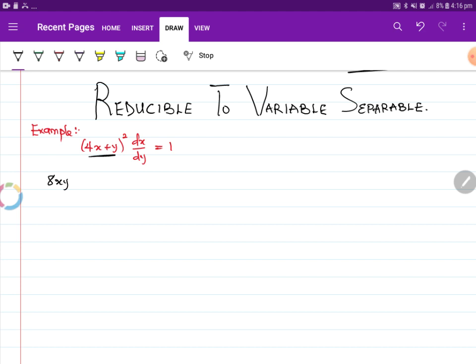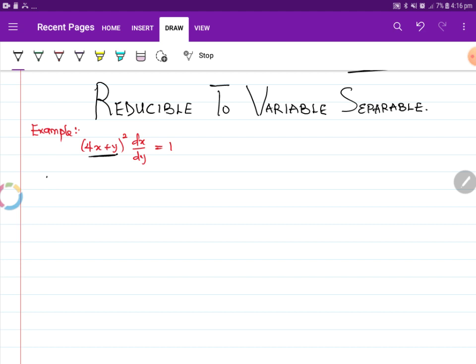When you expand the bracket using binomial expansion, you have 16x squared plus 8xy plus y squared. But because of this, there's no way you can separate it. xy cannot go separate, y cannot go separate. You get what I'm saying? So because of that, and we are to use variable separable to solve the question, what do we do?